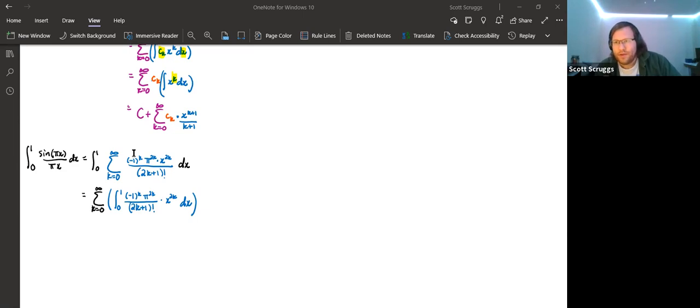Now, as you saw in that step, I moved the x to the 2k power to the side on purpose, because now that I've isolated the x to the 2k power, I know what C of k is for this problem. It is (-1)^k times pi^(2k), all divided by (2k+1) factorial.